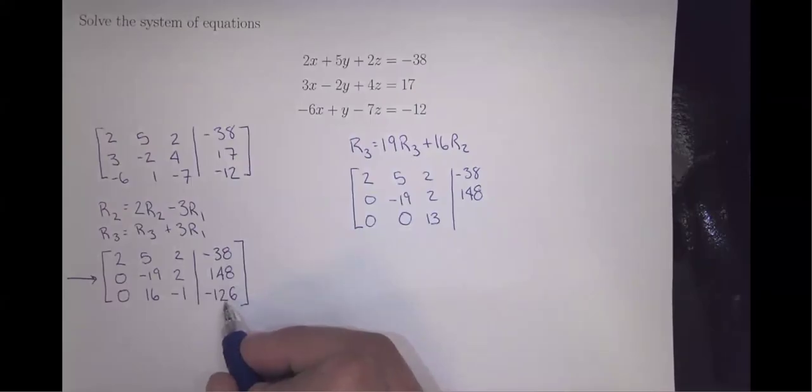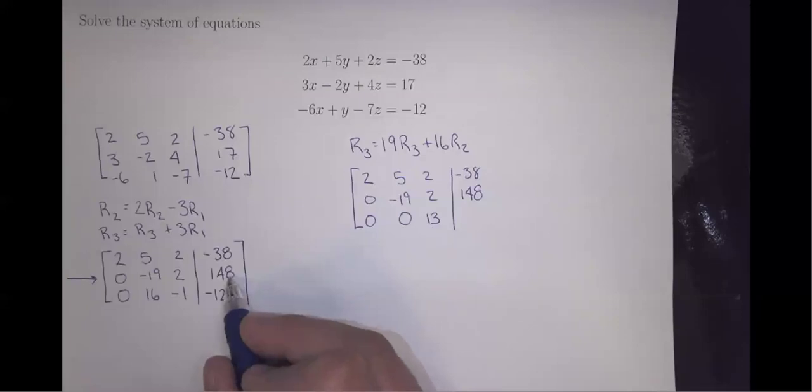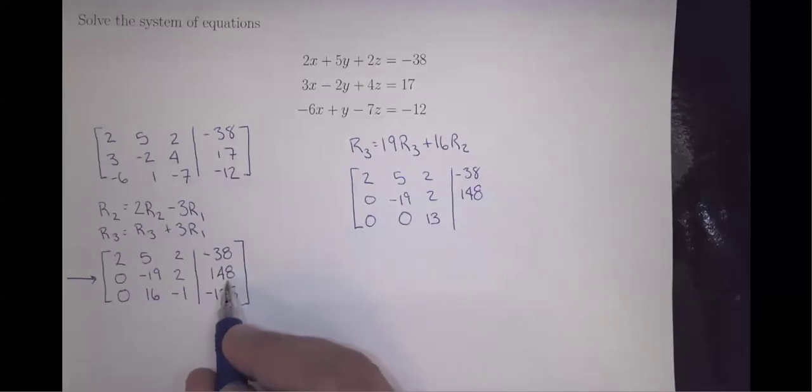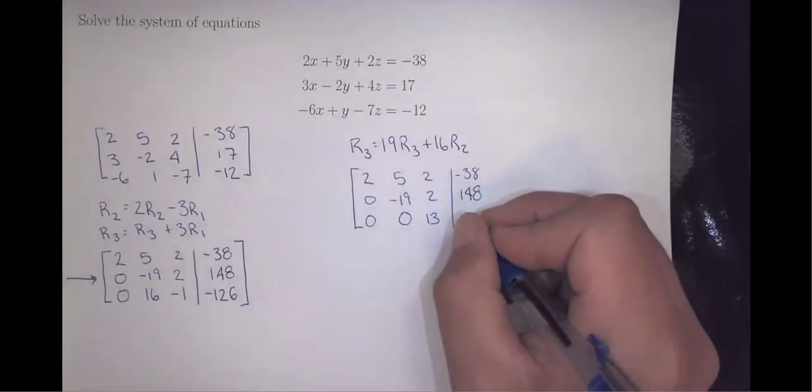And 19 times negative 126 plus 16 times 148 should give me negative 26.